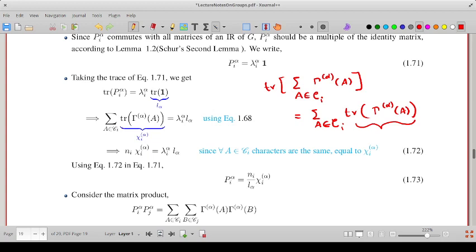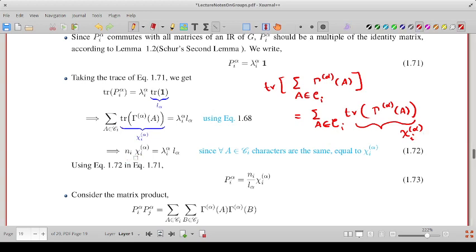But this is nothing but the character of the element A in the irreducible representation gamma alpha. Now each of these elements A is an element of the class Ci, and all elements in a given class have the same character. That character is denoted by chi I alpha. So we have a summation over A in Ci, and each term here is chi I alpha, the same term. And there are ni elements in the class Ci. So this is a summation of chi I alpha ni times, which is ni times chi I alpha.